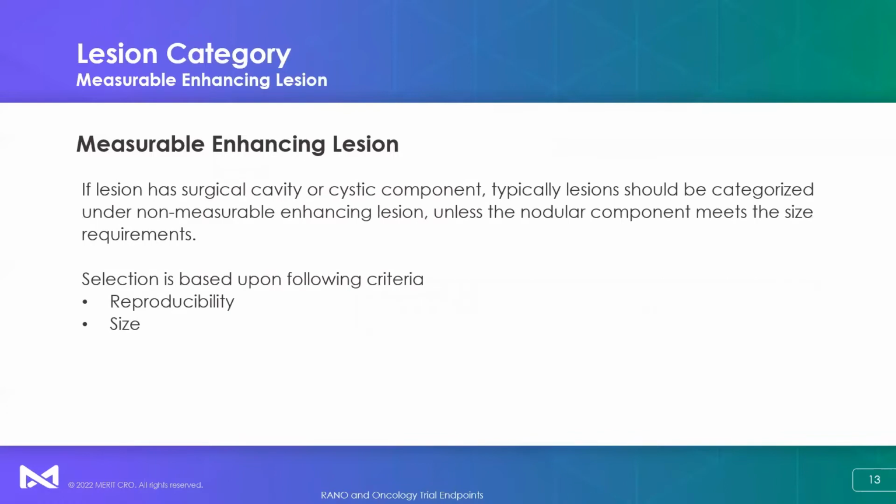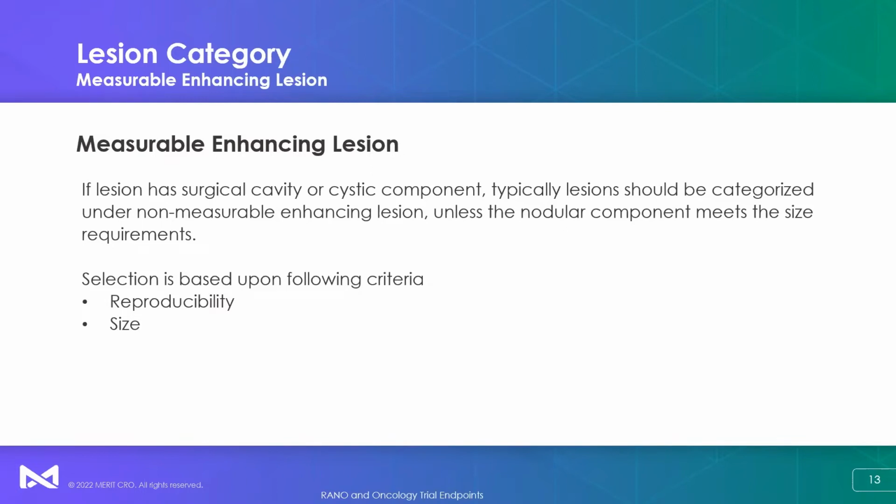And if there are any surgical cavities or cystic components, typically RANO recommends that those types of lesions, although enhancing, and although they might be bigger in size, should go under the non-measurable enhancing lesions. But if they do have a nodular component, or the enhancing component really meets the size requirements, they may go under the measurable enhancing lesion category.